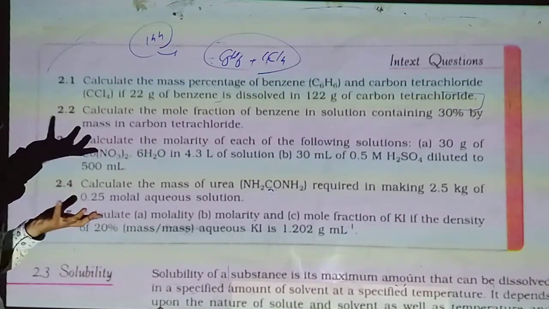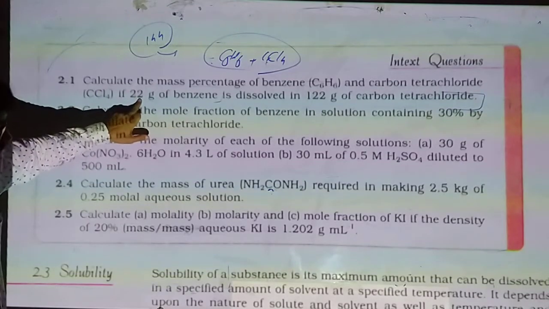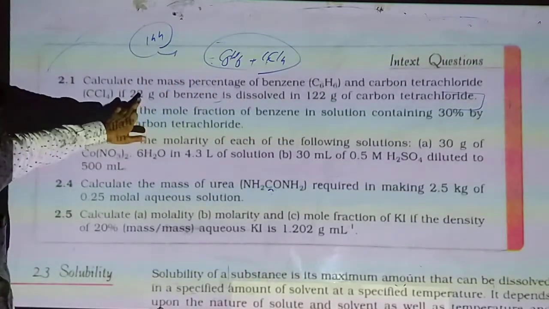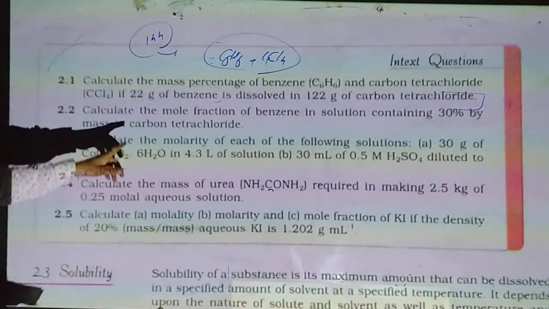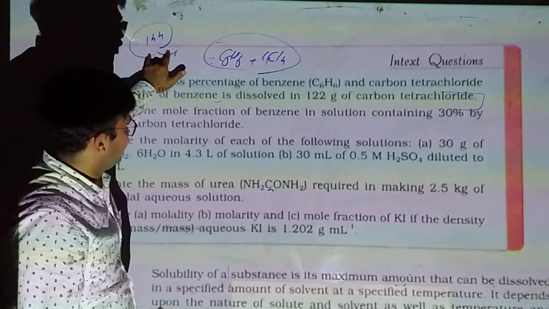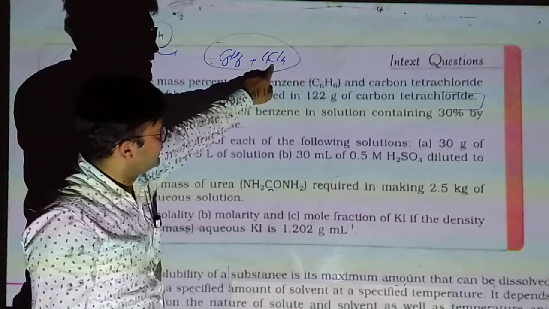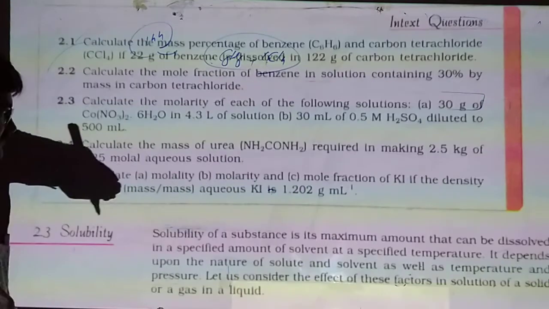So with reference to 100, in 144 there is 22 gram. Total 144, in that 22 gram is benzene. So at 100 gram, how much? So it gives percentage of benzene like this. In 144 gram, 122 gram is CCl4. So at 100, how much? You can see.